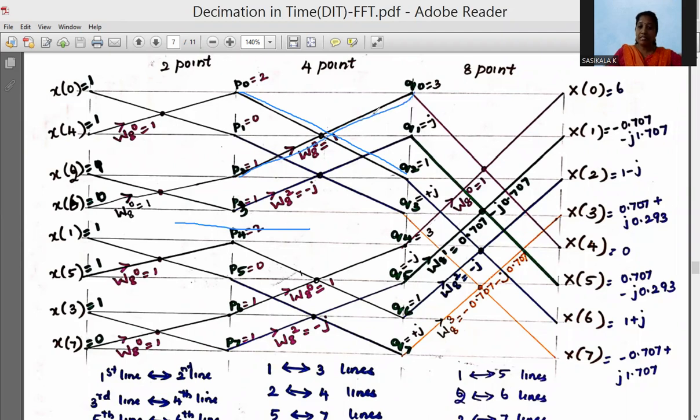This is the first butterfly and this is the twiddle factor. Okay. So listen, for Q naught, the inputs are P naught and P2.